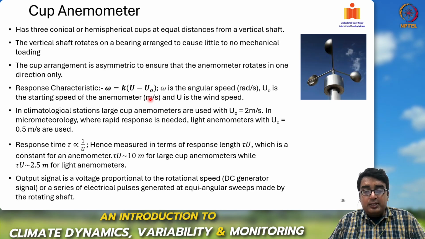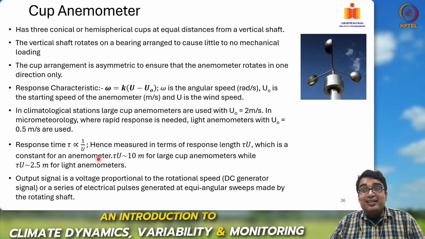The response time of these anemometers is also important because wind speeds can change very quickly. So we need to know how long the anemometer takes to pick up a change that has happened in the wind speed magnitude. The response time is proportional to the inverse of the velocity of the wind. So, the higher the wind speed, the shorter the response time.